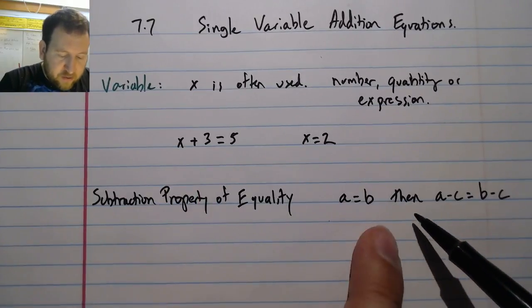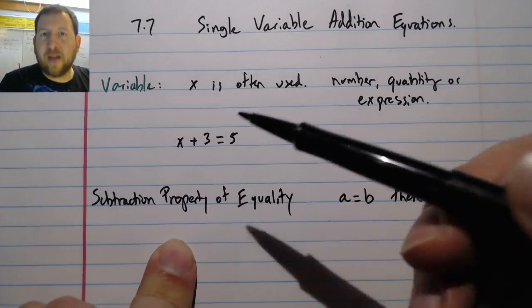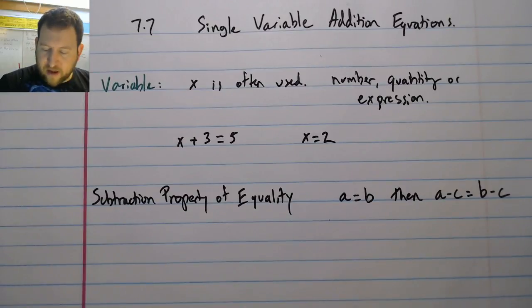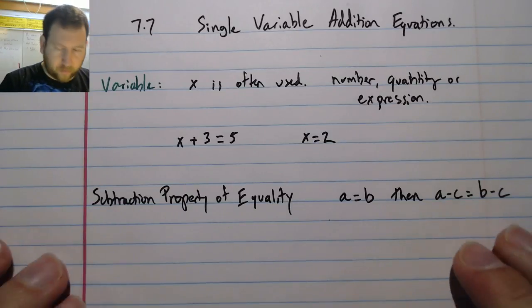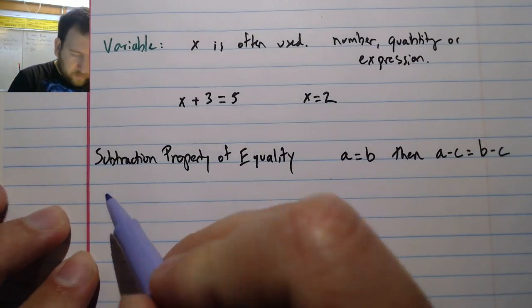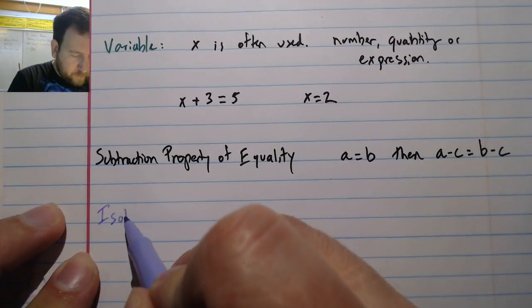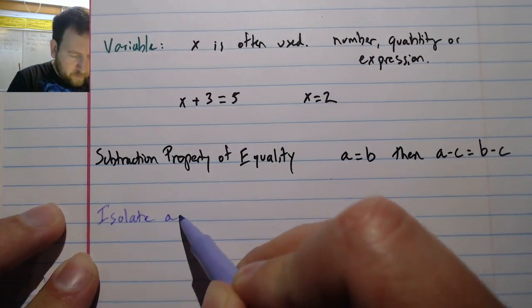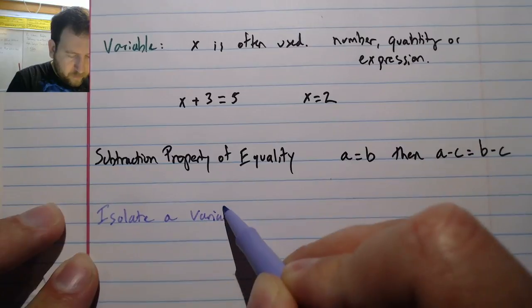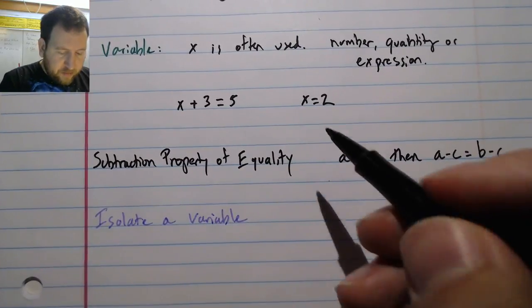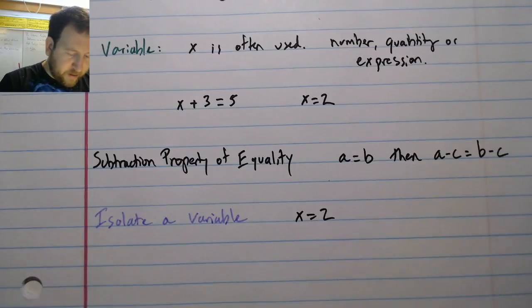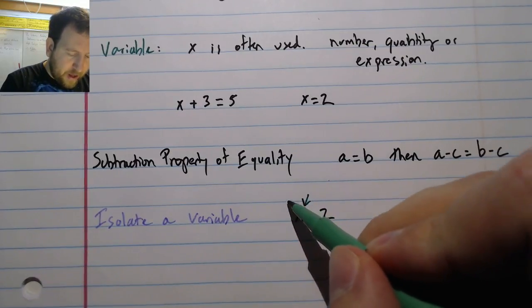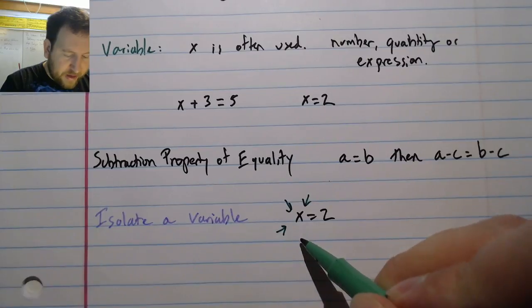So if I was going to use this property here, I'm trying to isolate my variable. And that's another thing I want to quickly touch on. When I write x equals 2, on this side right here, x is isolated.